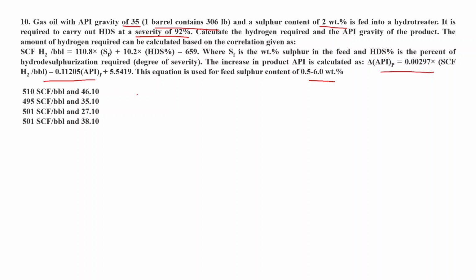So let us assume one barrel of gas oil, API gravity is 35, and one barrel is equal to 306 pounds.